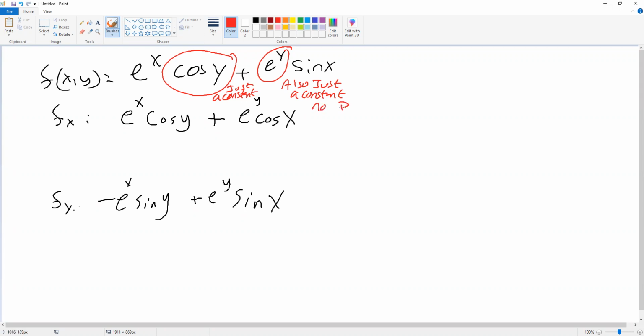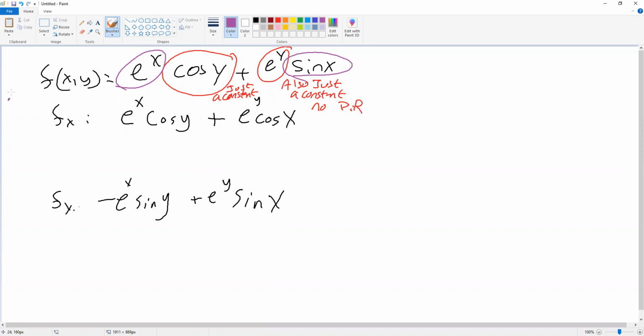And when we took the partial with respect to y, e to the x was a constant, and then sine of x was a constant.